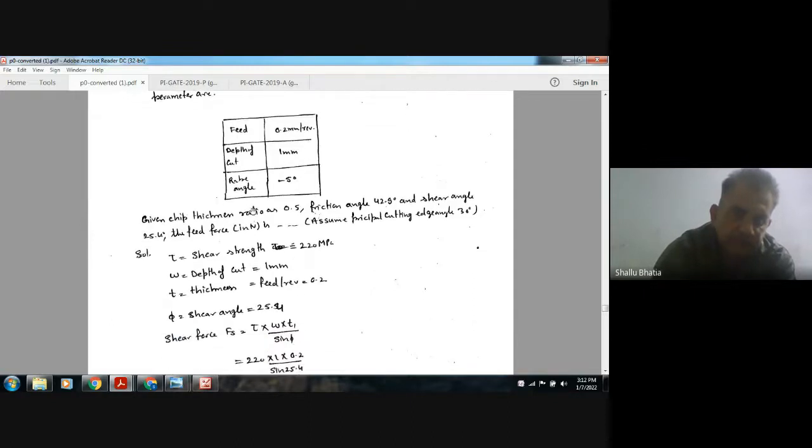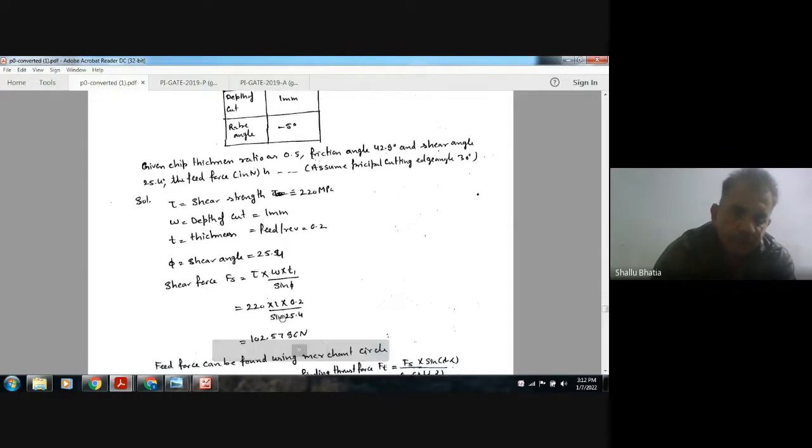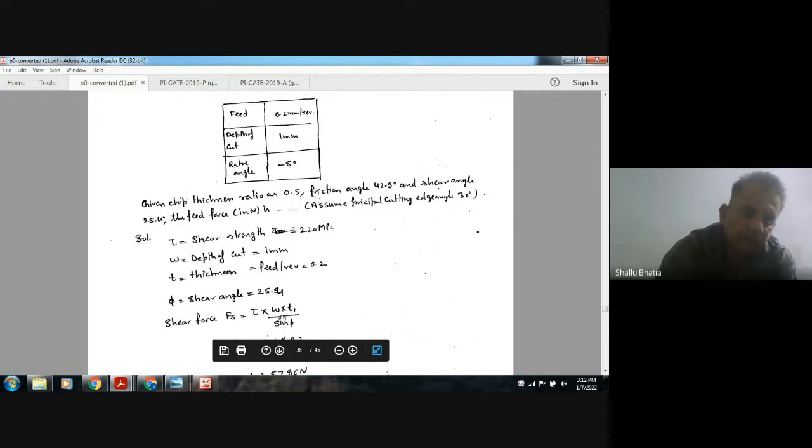Thickness is the feed per revolution. So that is feed per revolution, 0.2. Shear angle is 25.4. So now from the shear stress given, we can find out the shear force. Shear force is shear stress times the area, which is width of cut, or depth of cut, into t1 by sine phi.